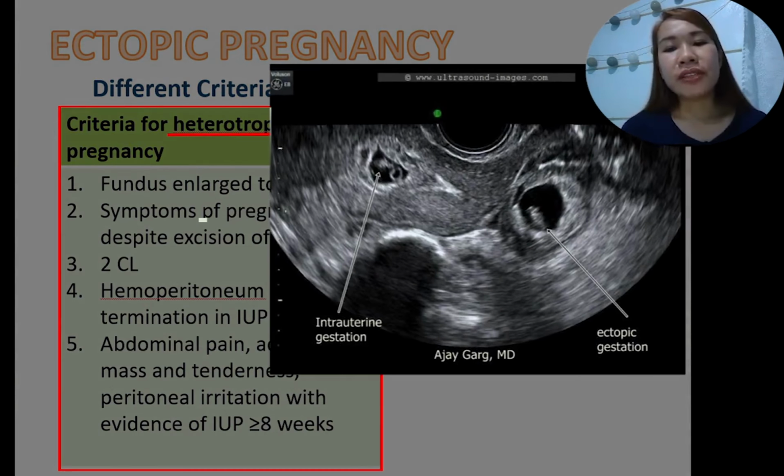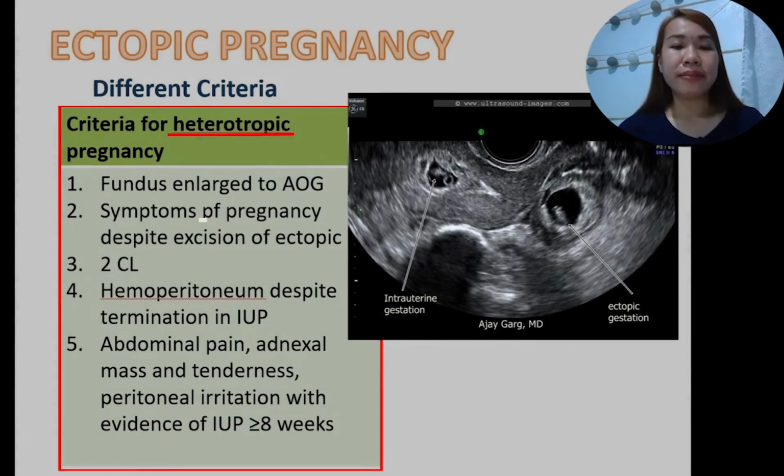So the first baby is located inside the uterus while the other one is an ectopic gestation. So it's a heterotopic pregnancy. So sometimes when we see cases like this, we get excited, but actually it's a sad case because one of the babies will not survive and we are not even sure that the other baby inside the uterus will also survive.